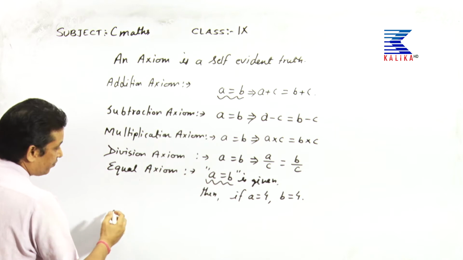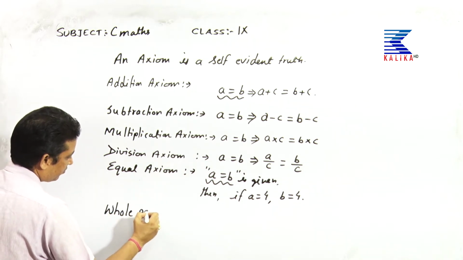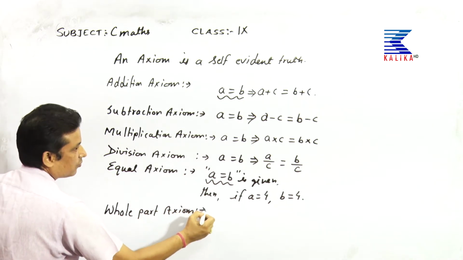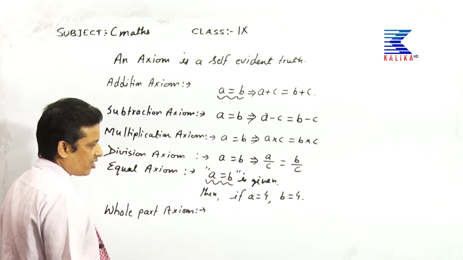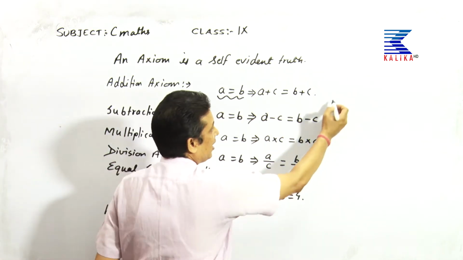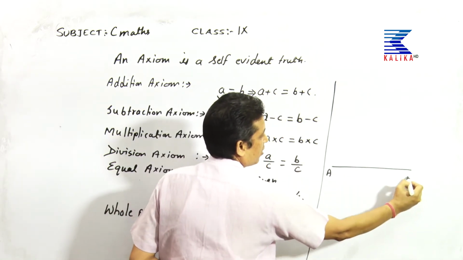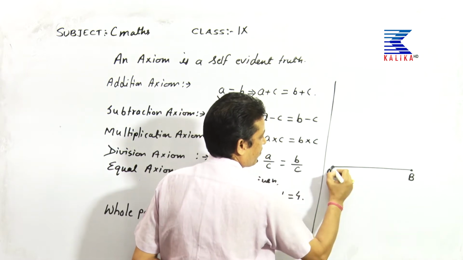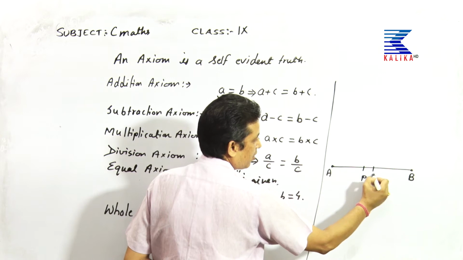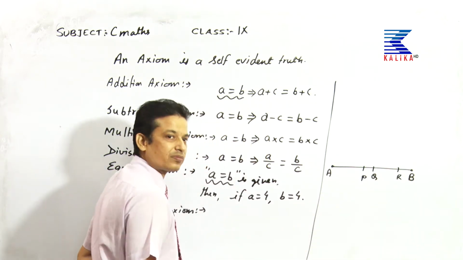Next one, whole part axiom. To discuss whole part axiom, let me take one example, dear student. Let us take AB, a line segment, with points P, Q, R. Okay.